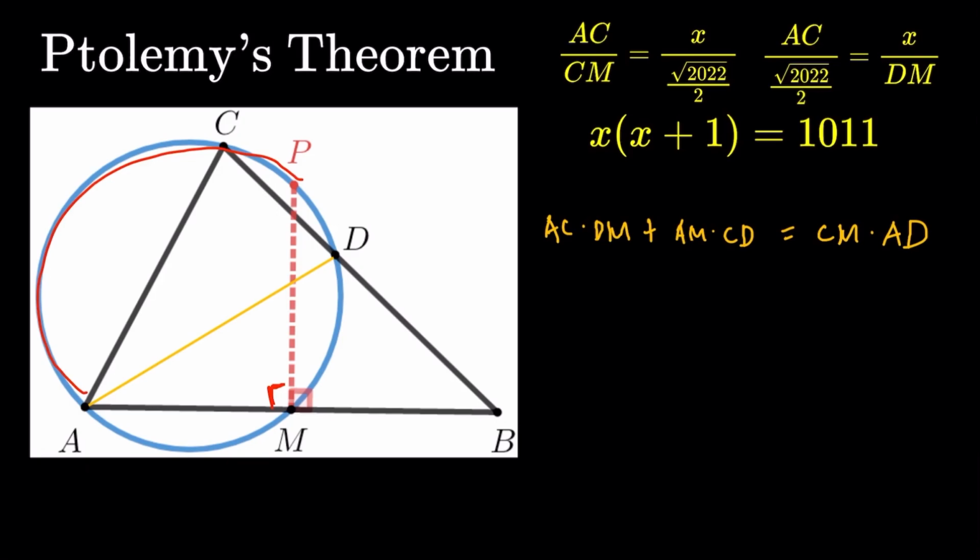Well, by Thales's theorem, AP must be a diameter of the circle, right? Because there's a right angle at M over here, so AP must be a diameter. Now, since it's a diameter and P is the midpoint of arc CD, that means AP must be perpendicular to CD.